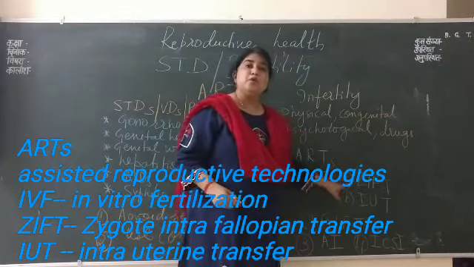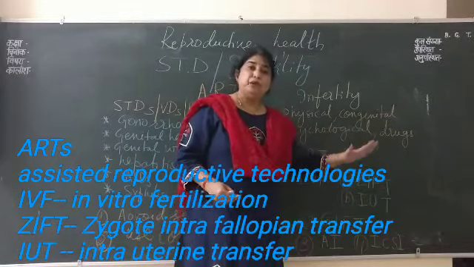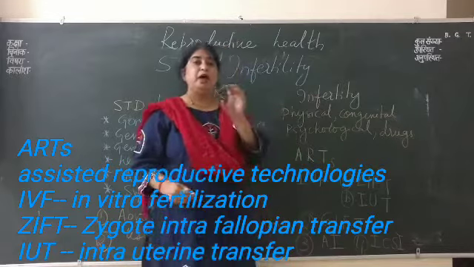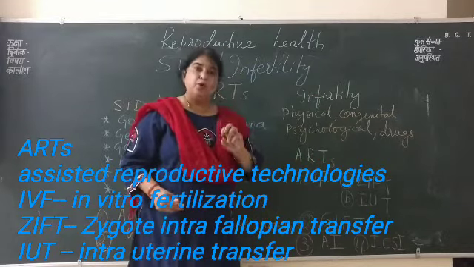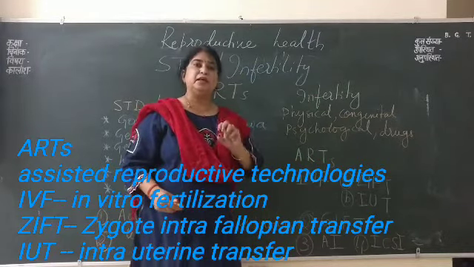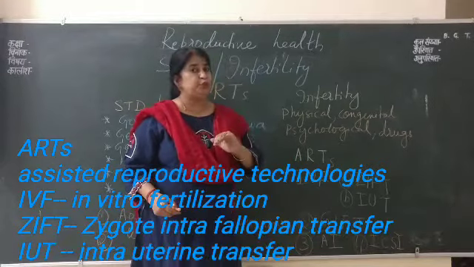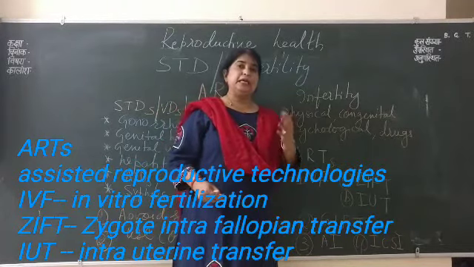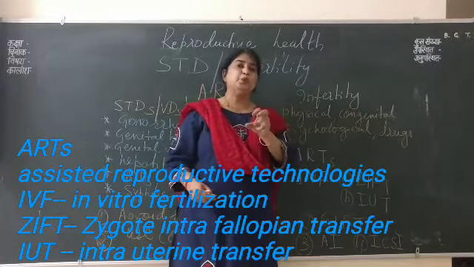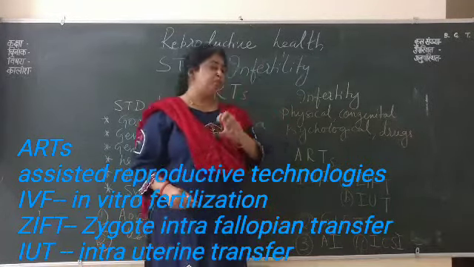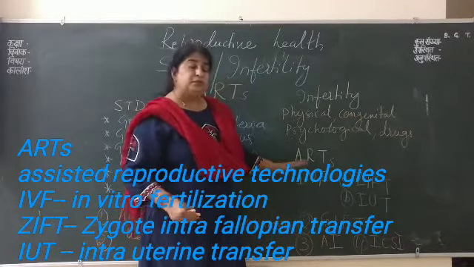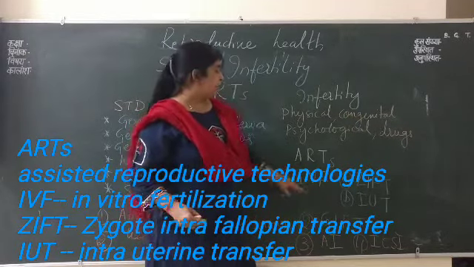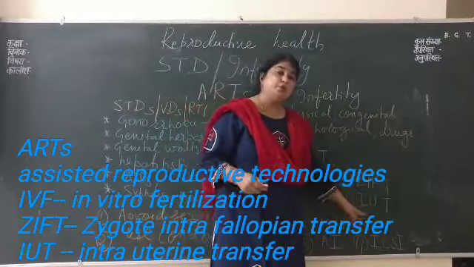That is known as ZIFT, zygote intrafallopian transfer, because the zygote is transferred in the fallopian tube. Then, if it multiplies until the 32-cell stage, the embryo is transferred directly in the uterus.